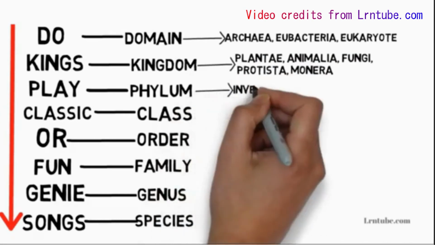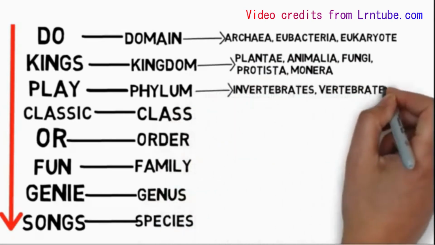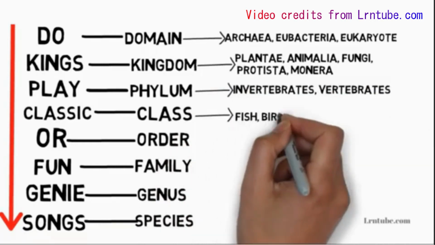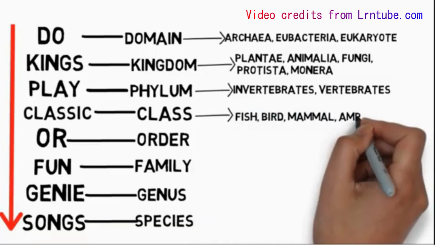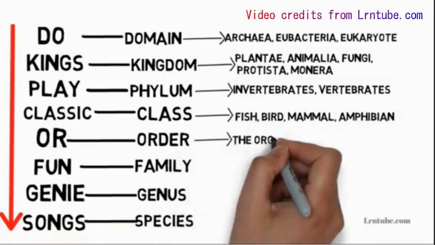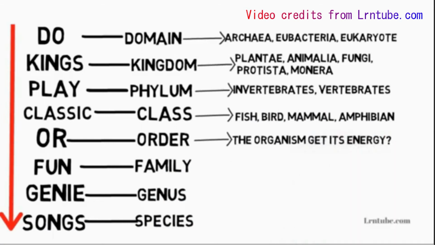Under phylum, we have invertebrates and vertebrates. Under class, examples are fish, bird, mammals, amphibians. Under order, you can say that what does this organism, or where does this organism get its energy from?